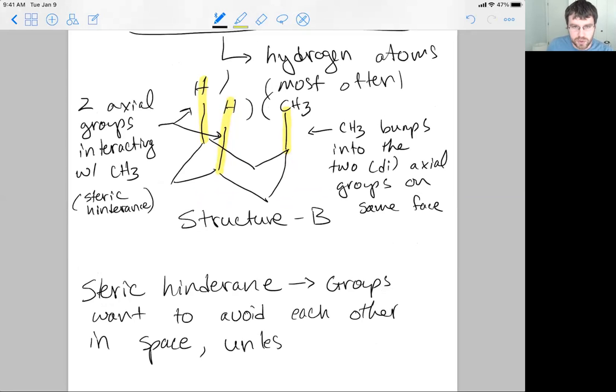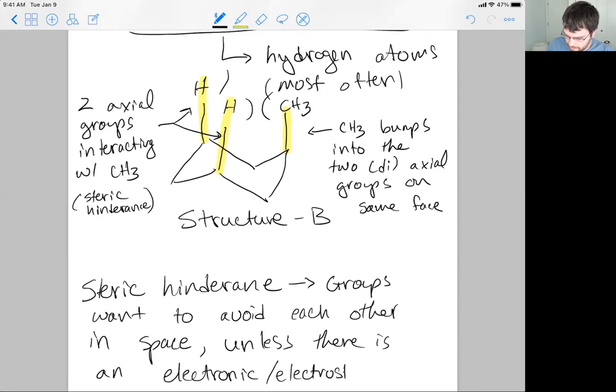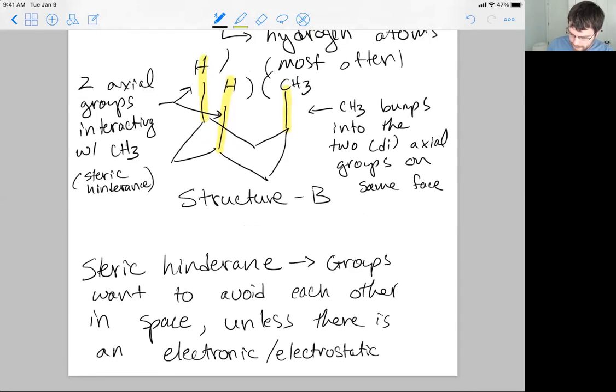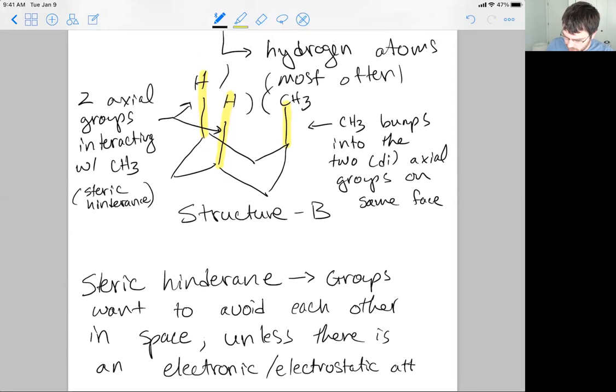Unless there's some sort of electronic attraction. And my physics friends would prefer if I said electrostatic. So unless there's some sort of attractive force between two atoms or two groups, whenever these things are positioned close to each other in space, they will want to avoid each other, and that's what steric hindrance says. Again, I may have defined that previously.